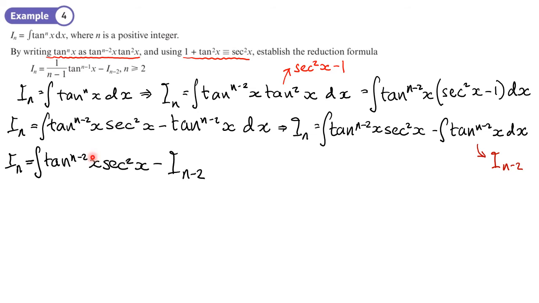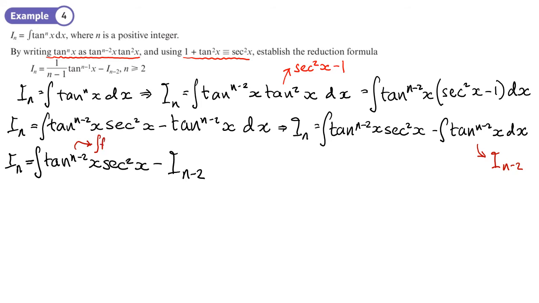Now what we've got here is a product, where we've got one thing differentiated over here, but to a power. So sec squared integrated is tan. So we've got something that follows this type of pattern. You may recognize this from Pure 2.